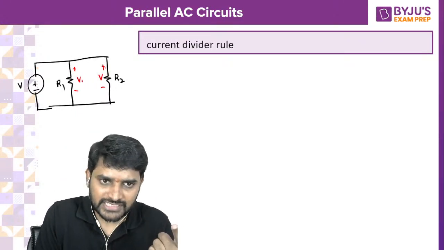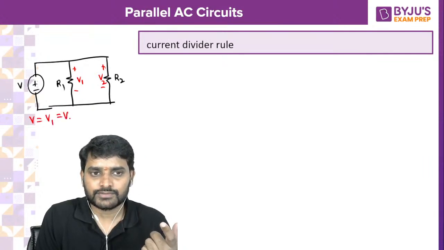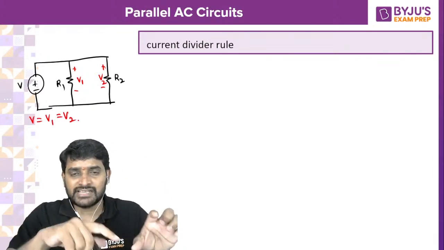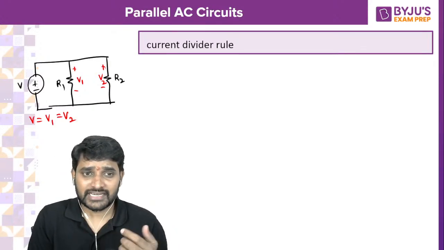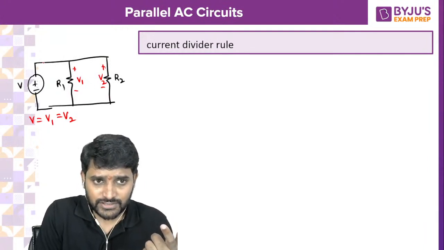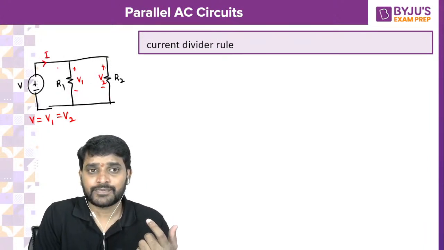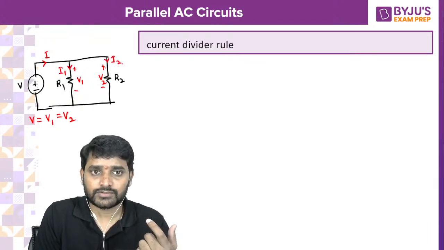If you take these as V1 and V2, V equals V1 equals V2, because they are connected in parallel. If you apply KVL, it will be the same. Now we need to calculate the current flowing through R1 and the current flowing through R2, if the source is going to deliver current I.